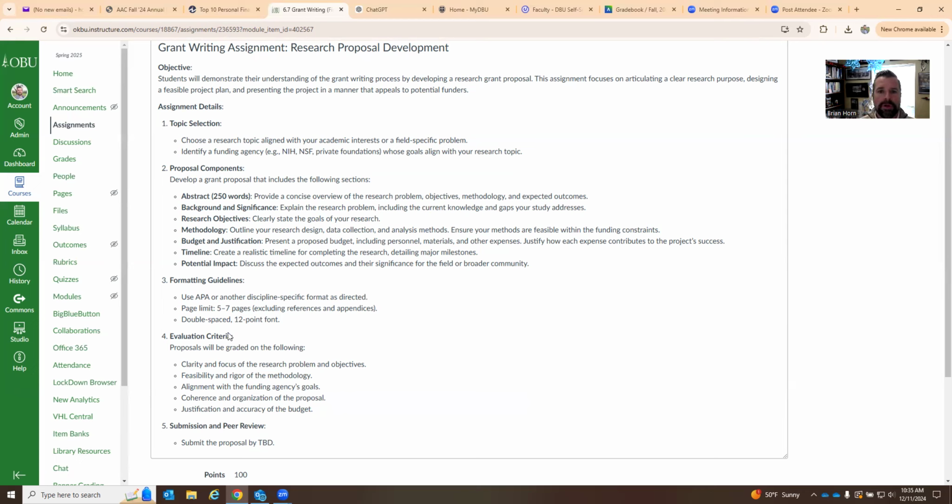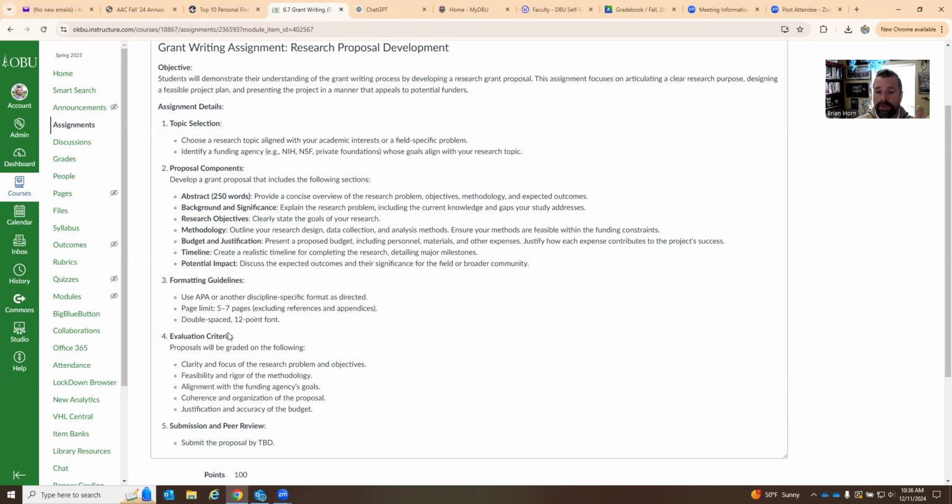So first, choose your topic. Also part of this course is you're developing a research publication. Now, these can be very much tethered together. In other words, the research that you're doing for that particular assignment can be the same research that you're going to utilize for this grant writing assignment.